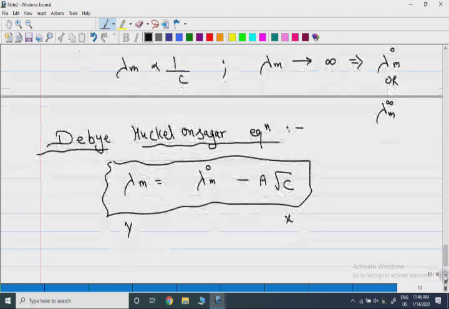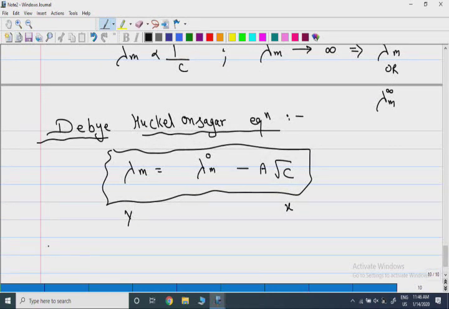So lambda m is the molar conductivity at any concentration.